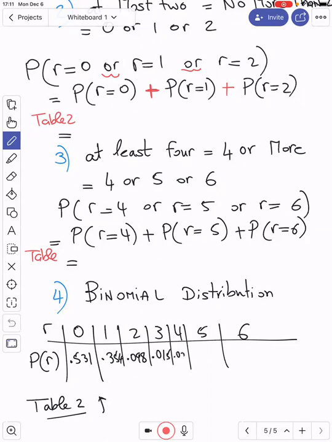This is 0.001 actually. This is 0.000, and then 0.000. So what I'm saying here, guys, is that this is probability that R is 6, probability that R is 5, R is 4, and this is probability that R is 3, etc.